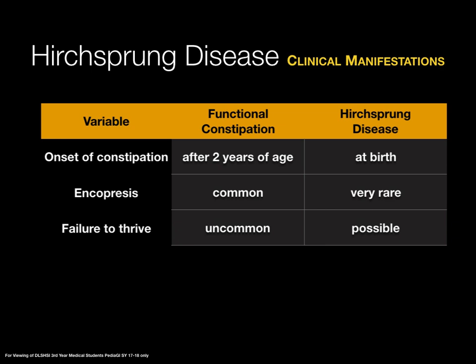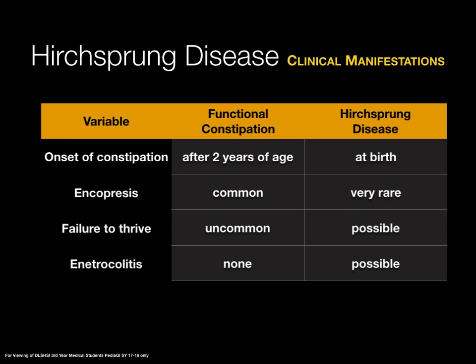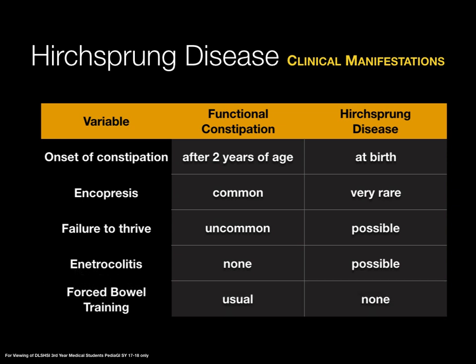There is failure to thrive or possible failure to thrive for Hirschsprung disease and it is uncommon for functional constipation. There can be possible enterocolitis for Hirschsprung disease. And forced bowel training is usual for functional constipation.